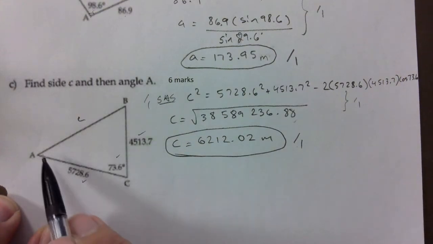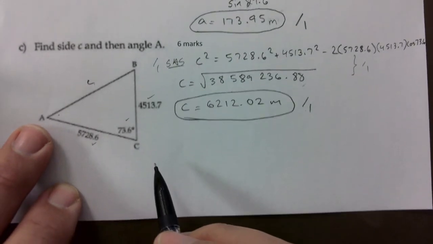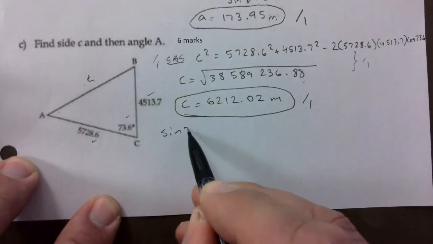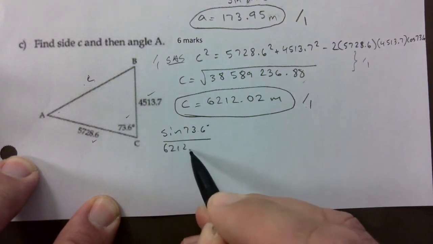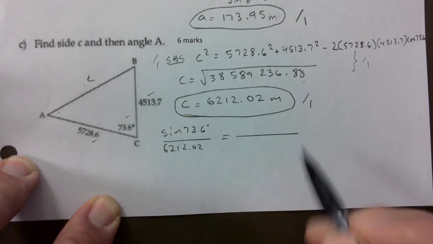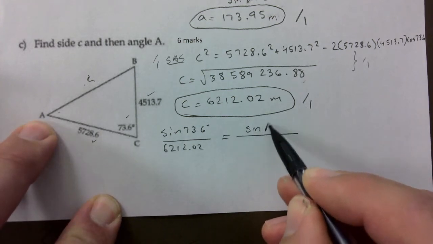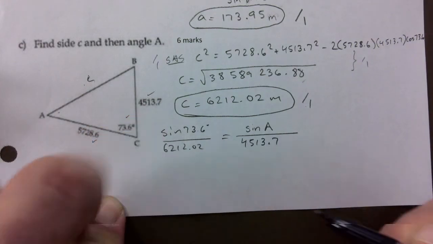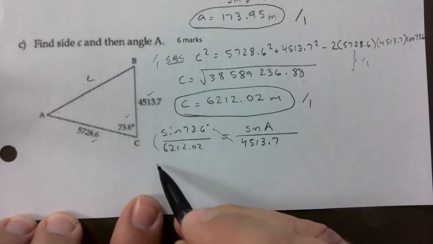Angle A, I'm going to use the sine law because I now have a pair. So sine of 73.6 degrees over 6212.02. And so if I want angle A, I have to go sine of A over 4513.7. That's my setup. So cross multiply and divide.